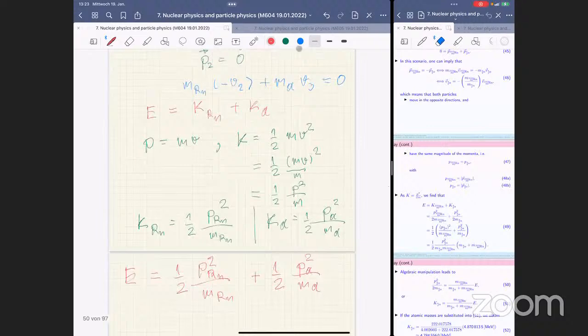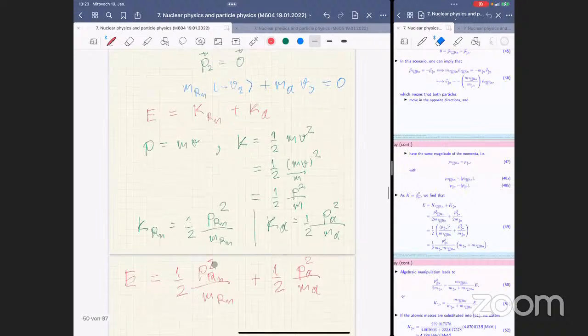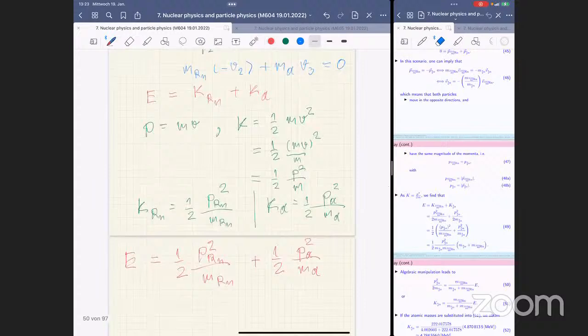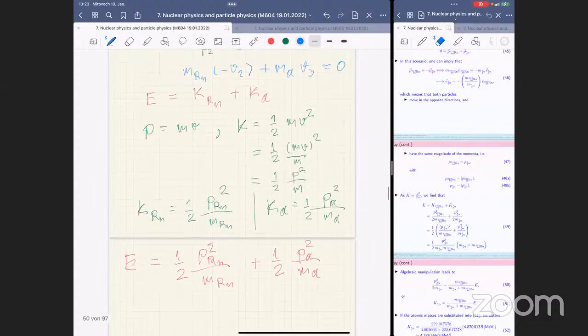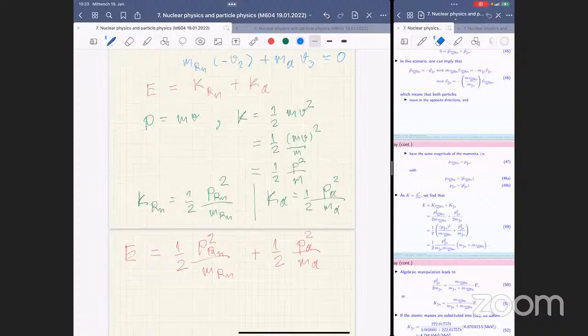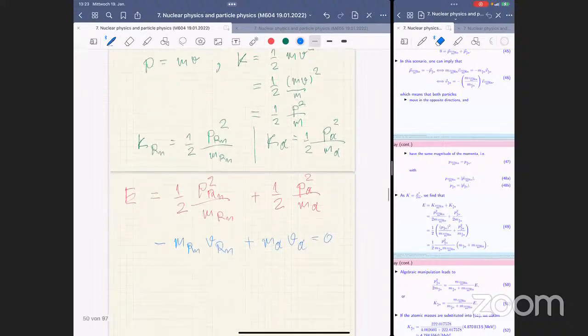Now we need to reduce something, because P radon is not what we want. We have to substitute something, and from this blue equation you can see that the first term is the momentum, minus the mass of radon times its velocity V2, plus the mass of the alpha particle times the velocity of the alpha particle, equals 0. The first term is minus the momentum of the radon, and here is the momentum of the alpha particle, so it's going to be 0.